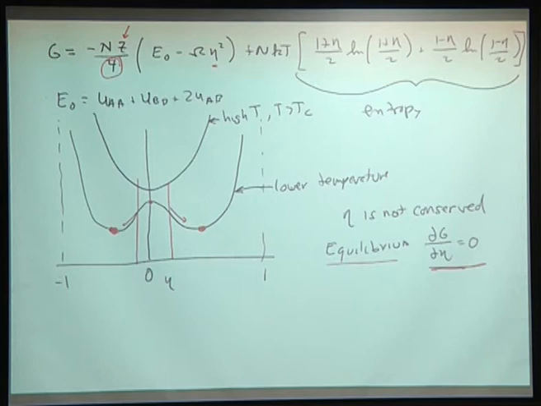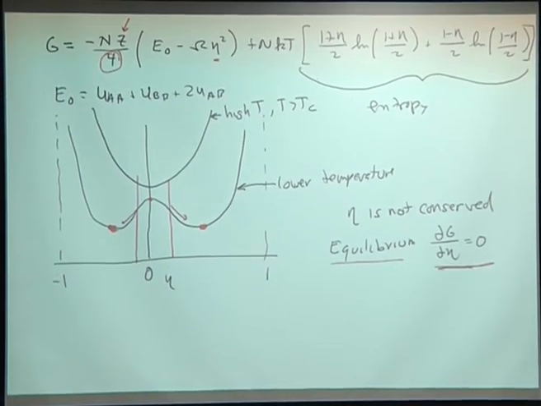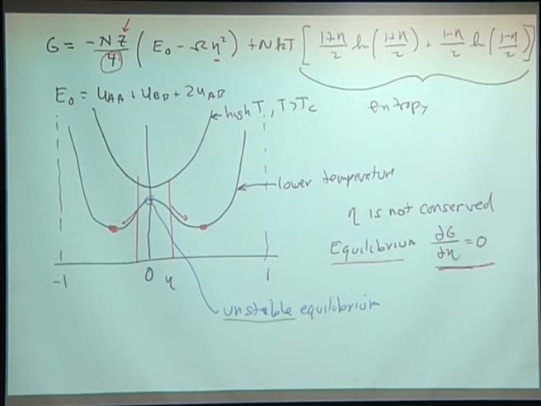If you took a system with eta equals 0 and you held it at that particular point, it in fact would be an equilibrium. But it's a special kind of equilibrium. It's unstable equilibrium, right? And so at this point here, unstable, and that's not a contradiction in terms.